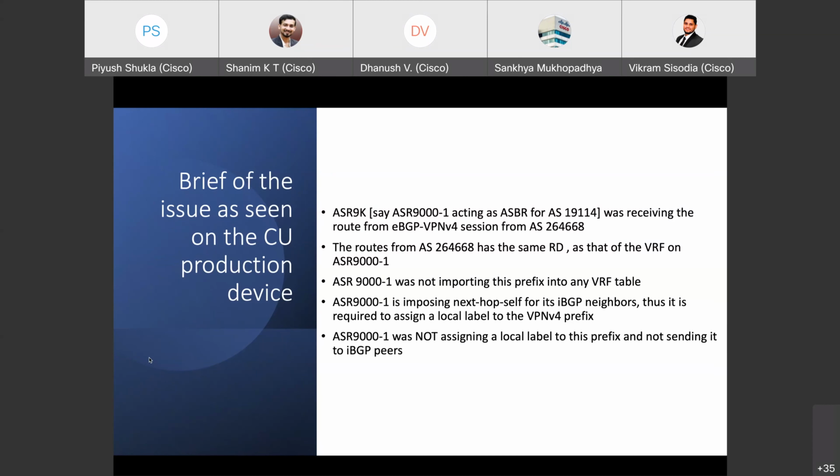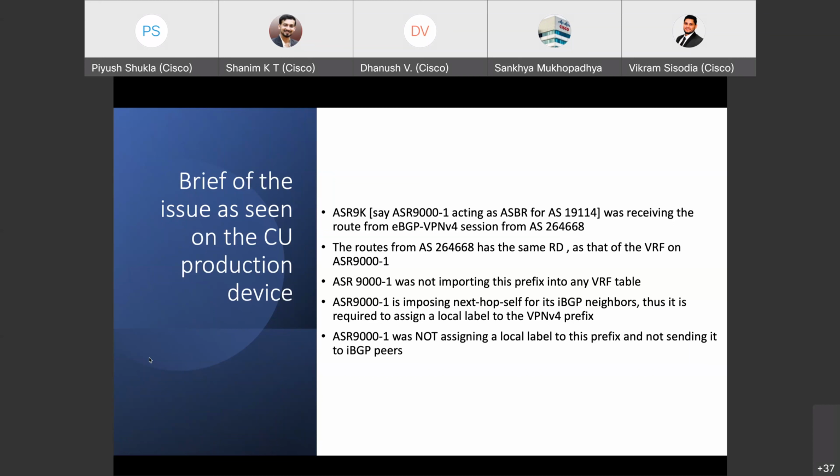It was receiving the VPN v4 route from this external AS, and it did have VRFs on the device, which is not required. It did have VRFs, but they were not actually importing any of the routes into those VRFs.